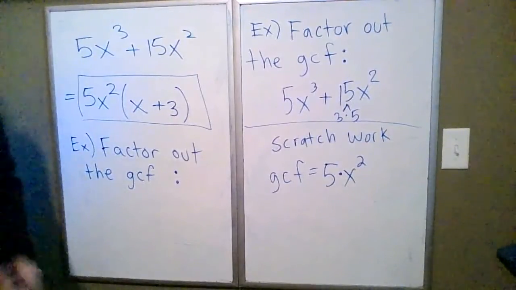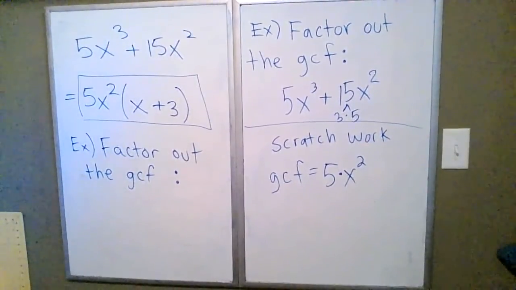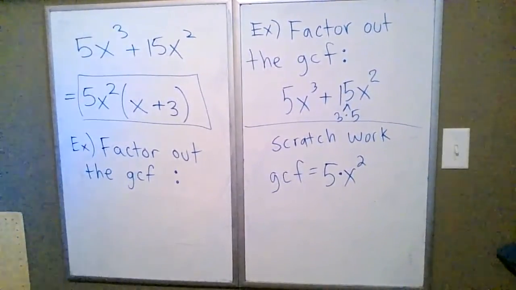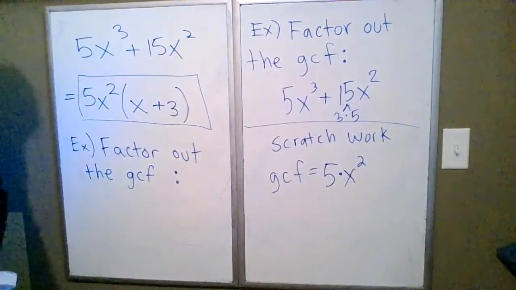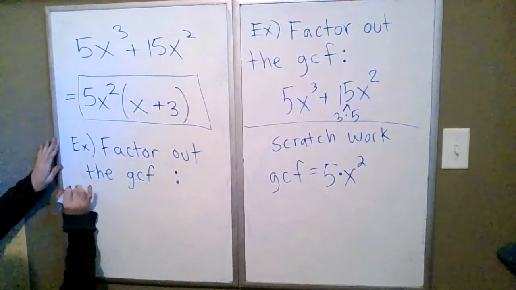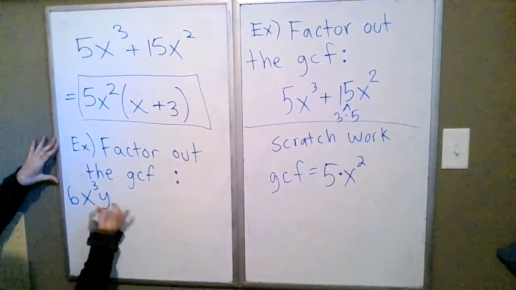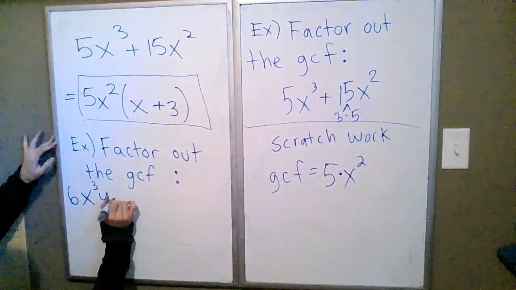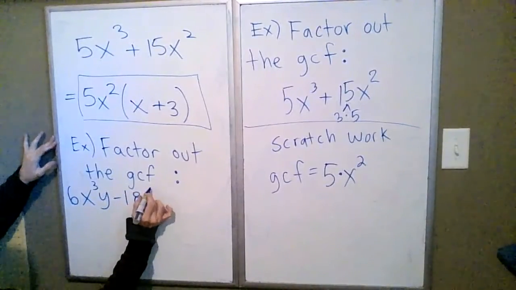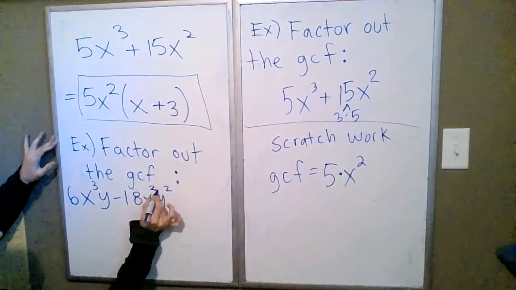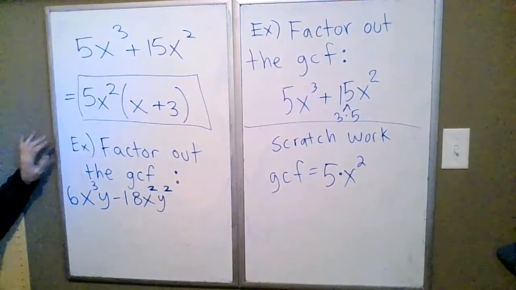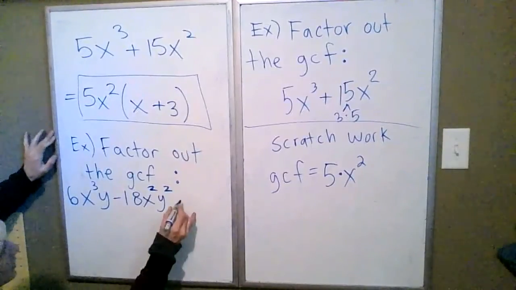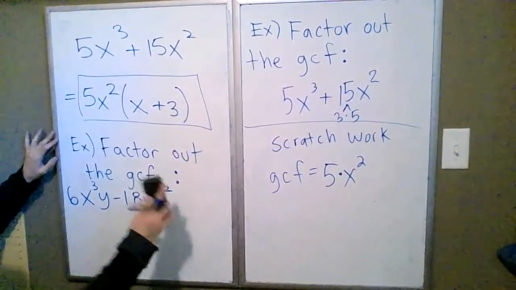Okay, we've got 6x cubed y minus 18x squared y squared. Add 12xy cubed. This is messy.